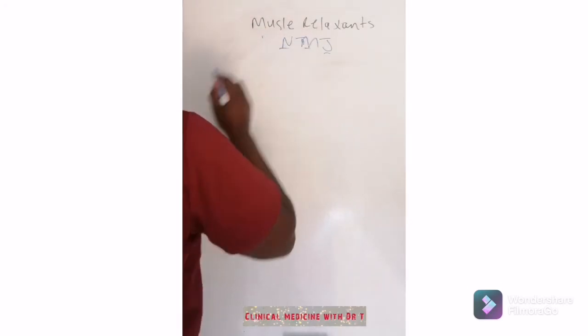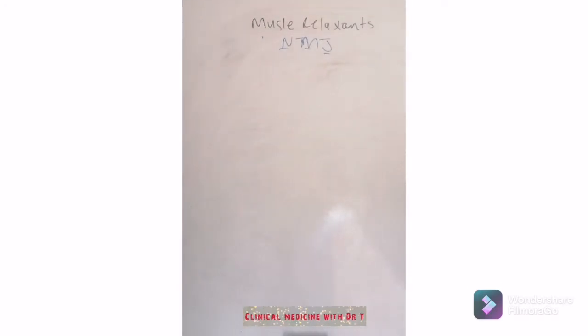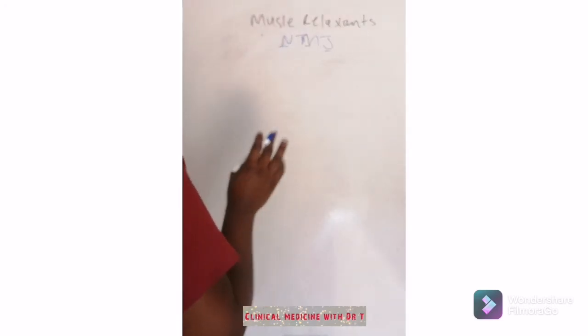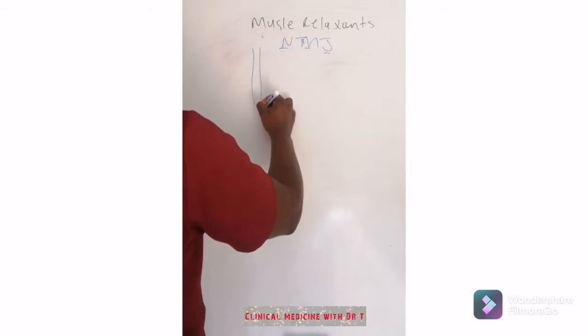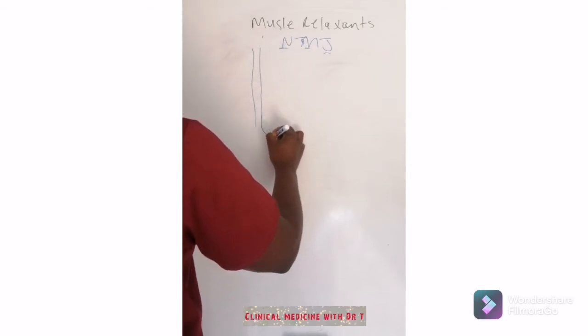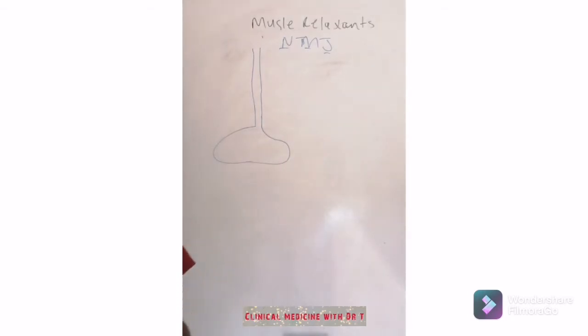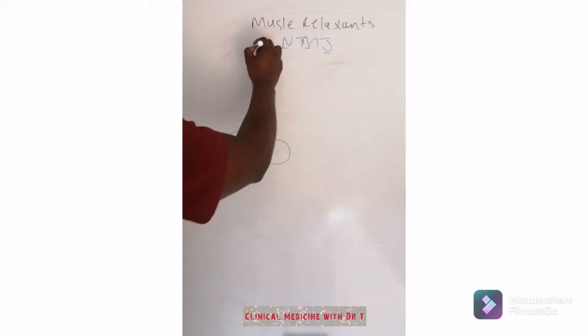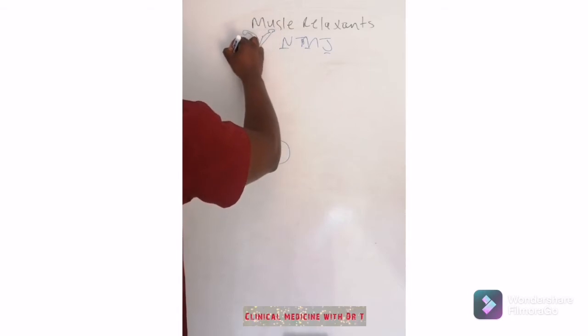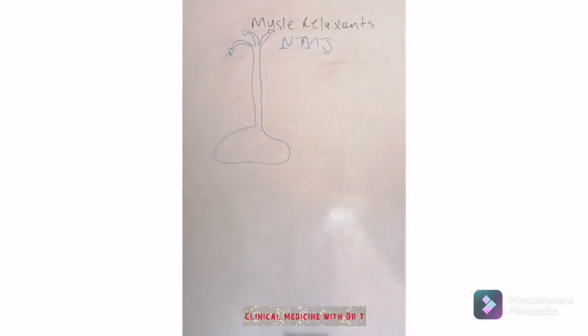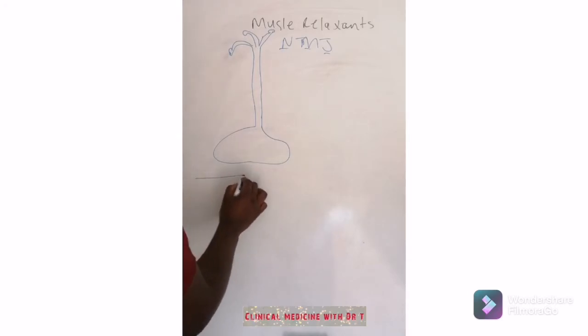The neuromuscular junction is made up of about three things. We've got a presynaptic neuron, and we have a motor end plate.